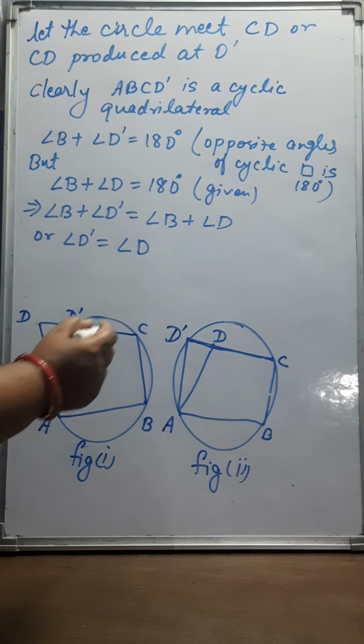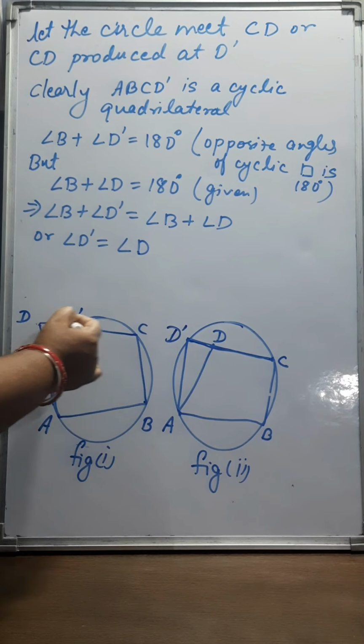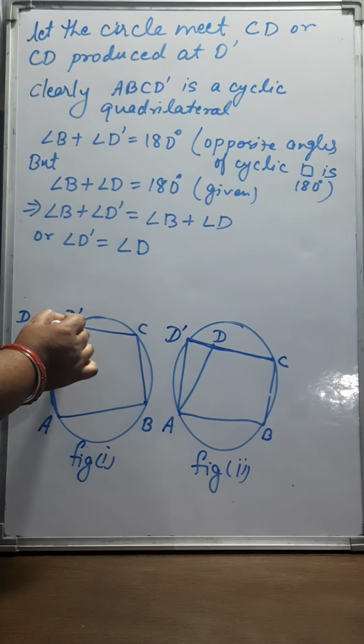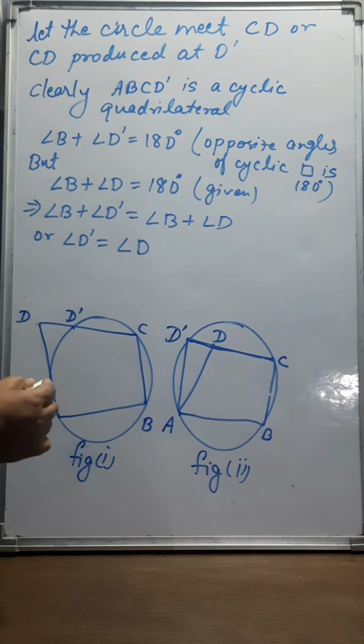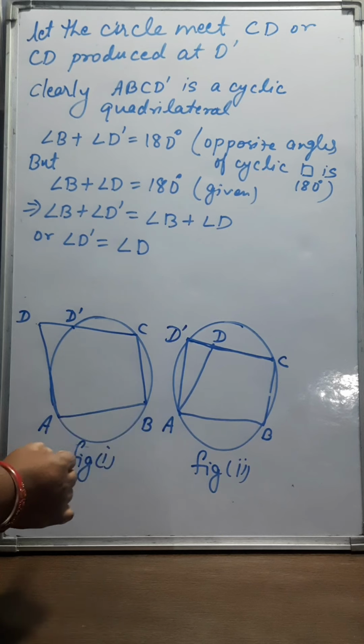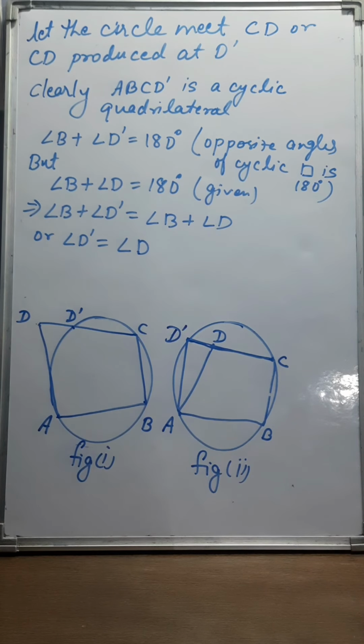So the same thing is written here: let the circle meet CD or CD produced at point D dash. Clearly, when all the line segments are joined, you can see in figure 1 and figure 2, ABCD dash becomes a cyclic quadrilateral.